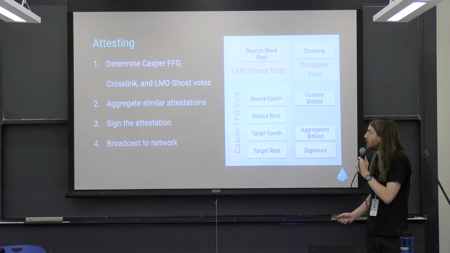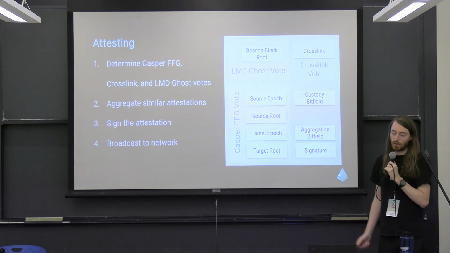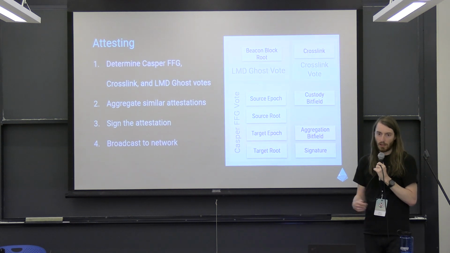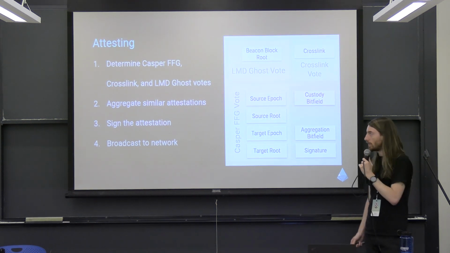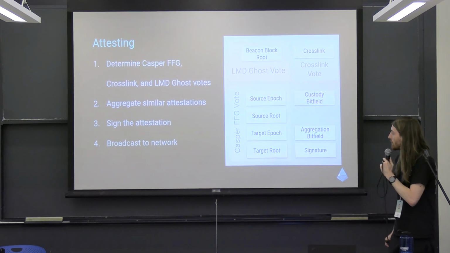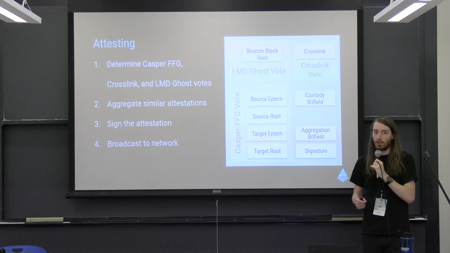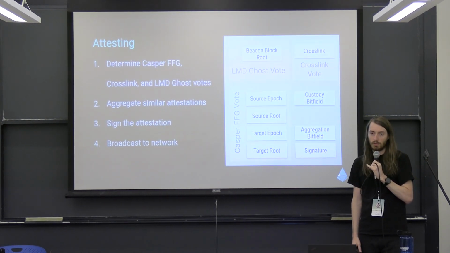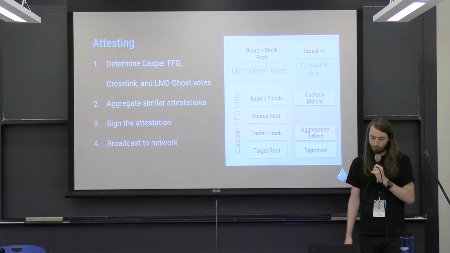So we have what's called an LMD GHOST vote. That's part of resolving fork choice, deciding the head of the chain. Then we also have our Casper finality vote. So the target root and epoch, that's what we're currently in, and then the source would be what we're aiming to finalize or justify.